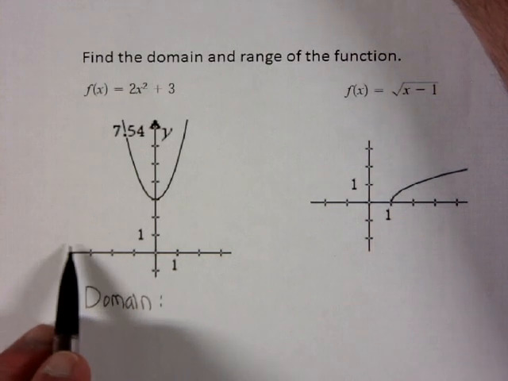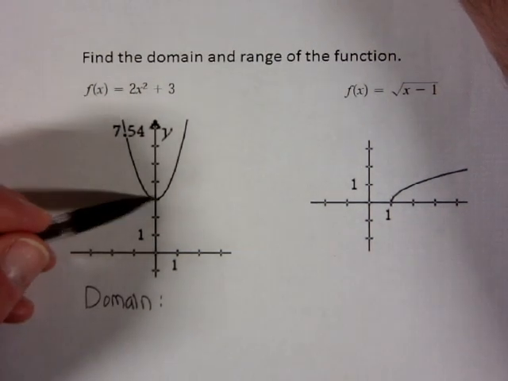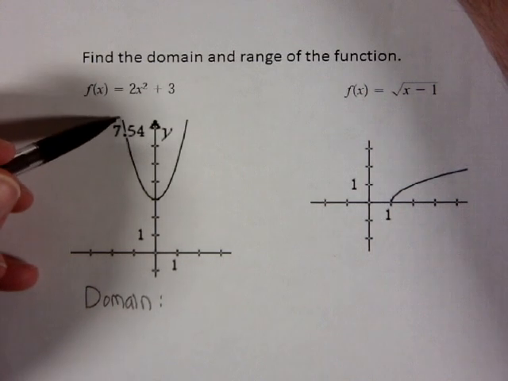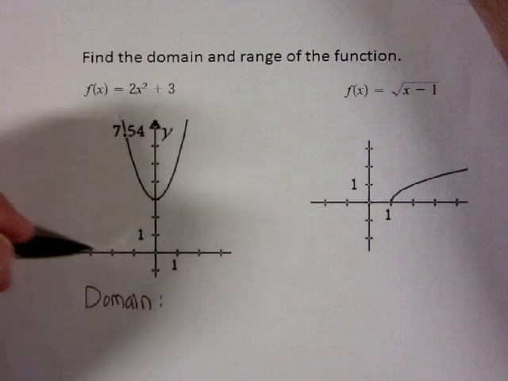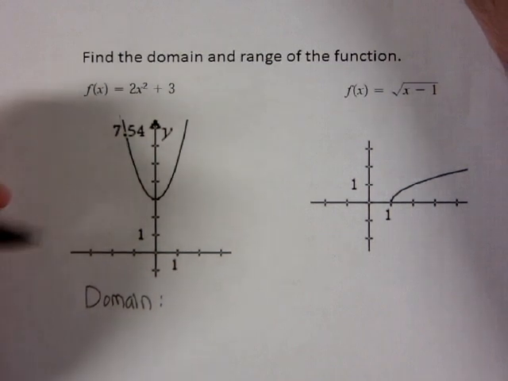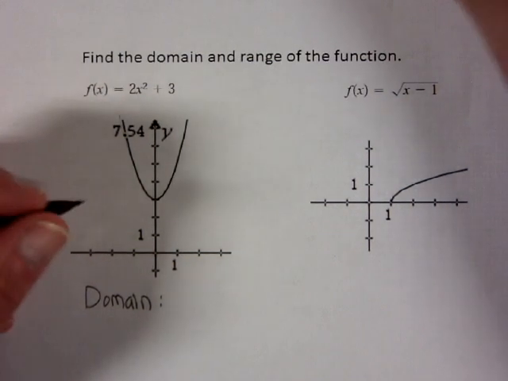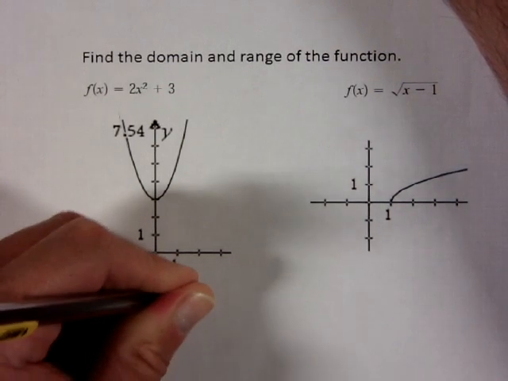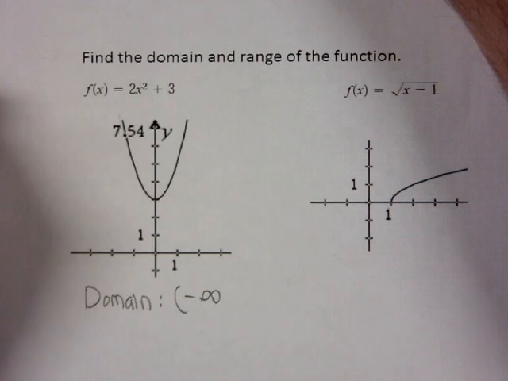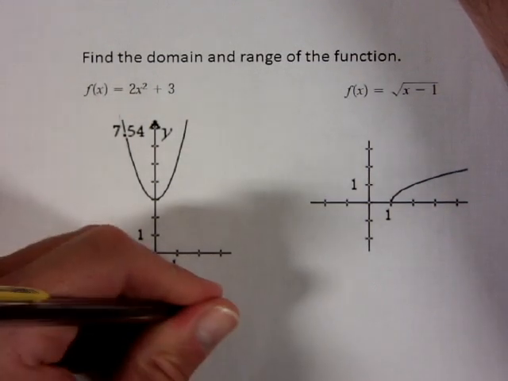Remember, this graph will continue on. It does not stop at the end of the drawing. And so what that means is there's really no lower bound for the x values. And so I know that the lower bound of my domain is negative infinity. Okay, so no restrictions there on the lower bound of the domain.